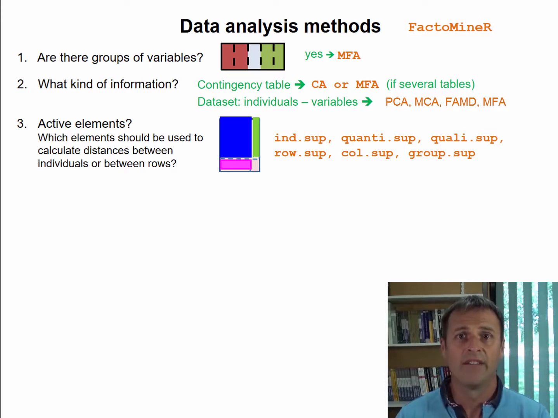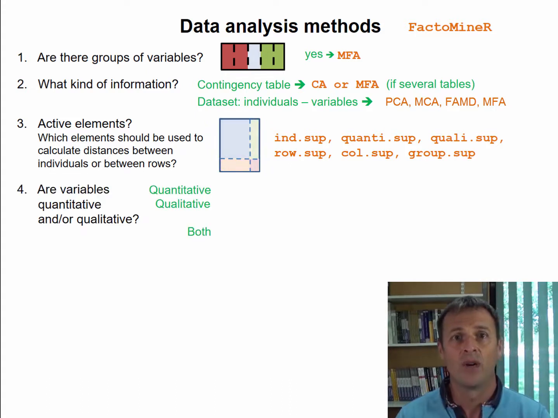Once the active elements have been defined, we need to know whether variables are quantitative or qualitative. If the variables are quantitative, we should do a PCA using the PCA function in FactoMineR. If the variables are qualitative, two things. If there are only two variables, we suggest constructing a table of them with the categories of one variable as rows and the categories of the other as columns, then filling in the contingency table and analyzing it using CA.